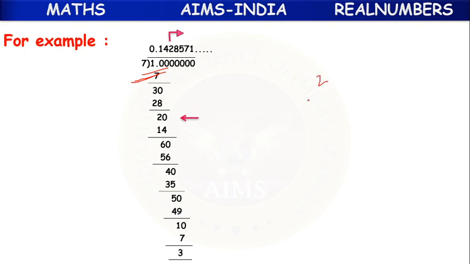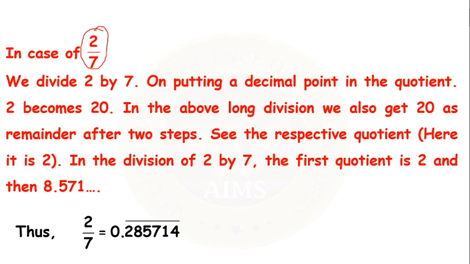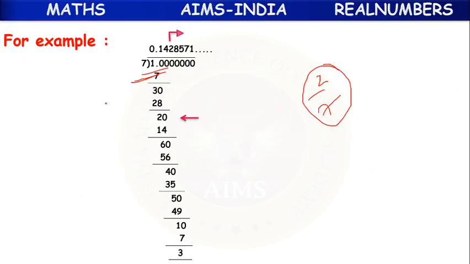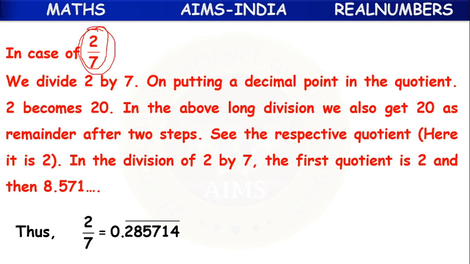Now we want to find the expansion of 2 by 7. So in the case of 2 by 7, what we will do? Previously, we have divided 1 by 7. Now what is the question? We have to divide 2 by 7. Okay. So we have to see where that 2 is occurring in the division part of 1 by 7.